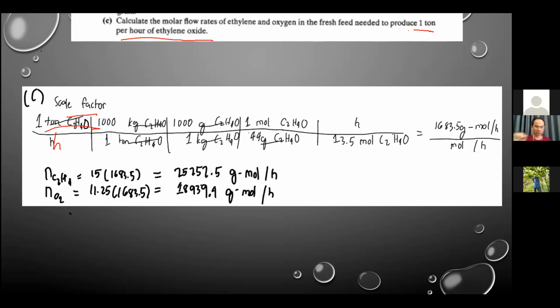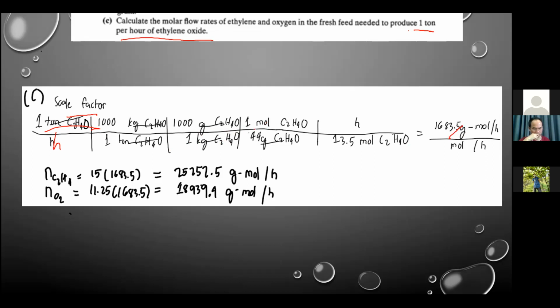Then multiply it so that things will be easy. We're going to convert the ton to kilogram. In every ton of C2H4O, there is 1,000 kilograms. And to make things easier again, in every 1 kilogram there is 1,000 grams, because I want to use the unit grams.